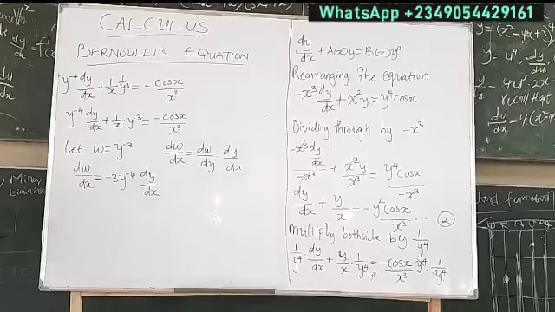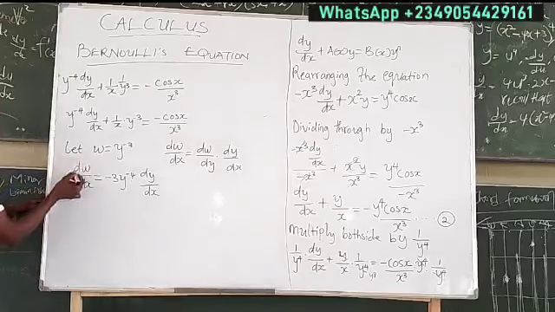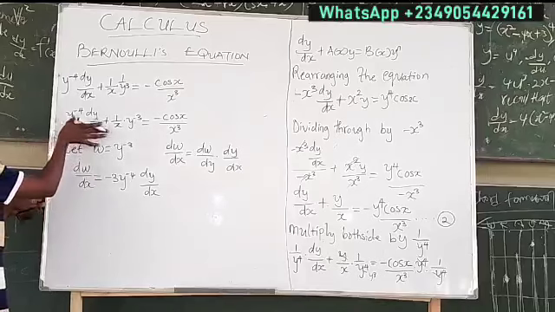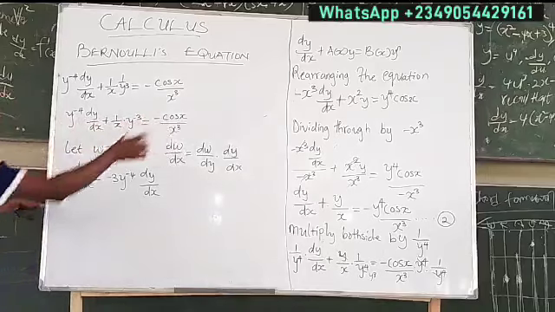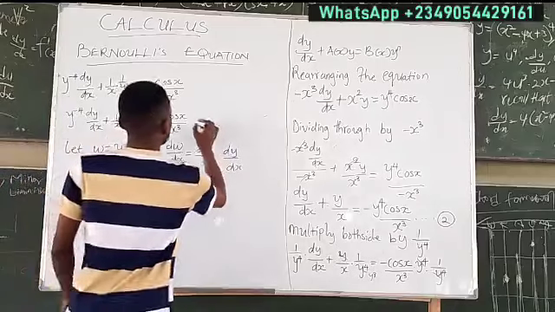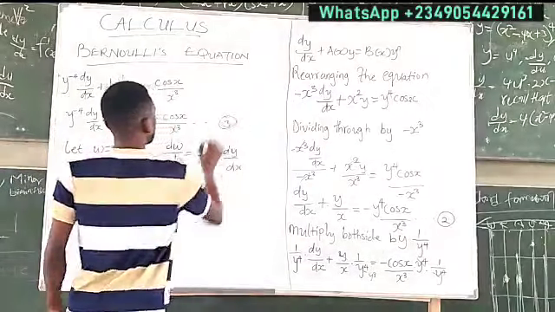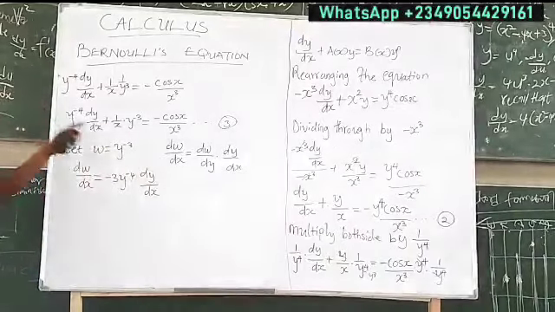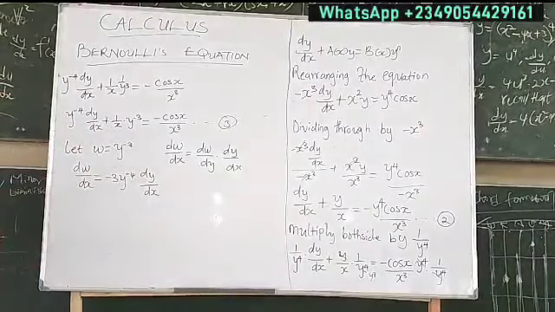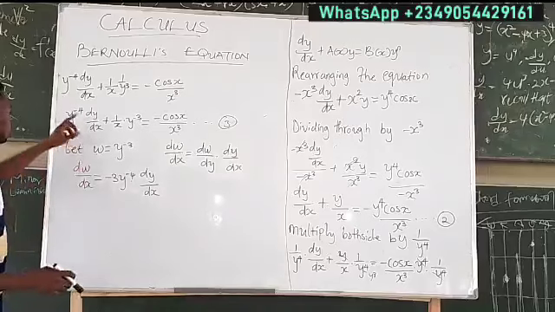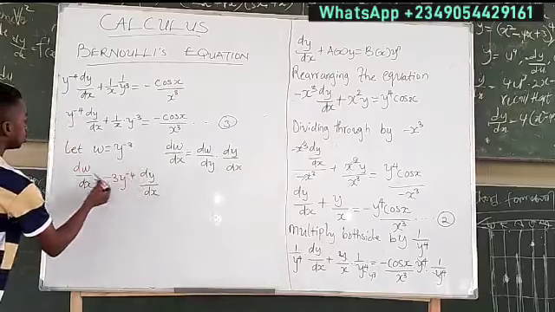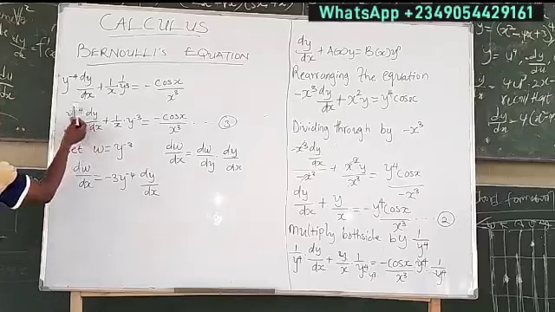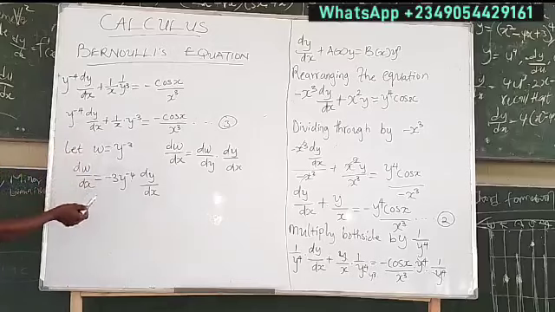Okay. Then we are going to substitute w and dw all over dx into this equation. Let's call this equation 3. But if you take a look, this dw all over dx almost looks like this one, but there is no minus 3 here.